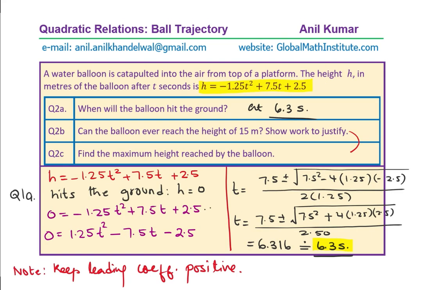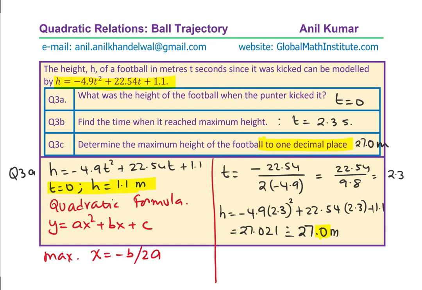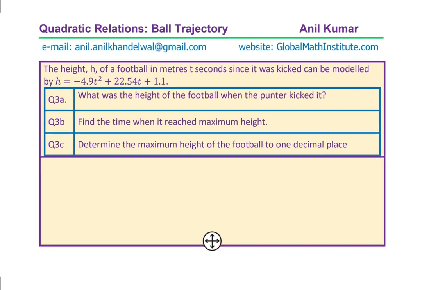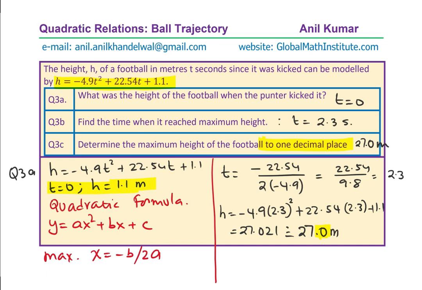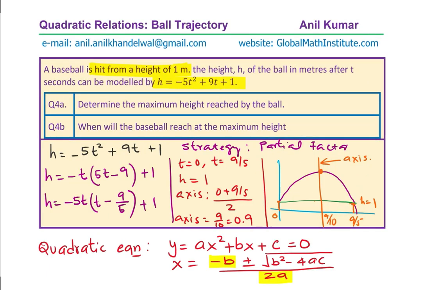Then in question number 2, we again used the quadratic formula to find the duration. And in question number 3, we worked out the maximum using completing the square. And then we worked the fourth equation using partial factoring. So we have used different strategies to solve these questions. Perfect? I hope it makes sense.